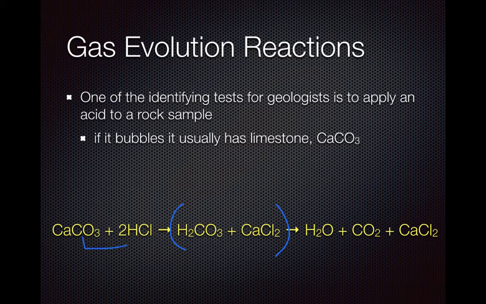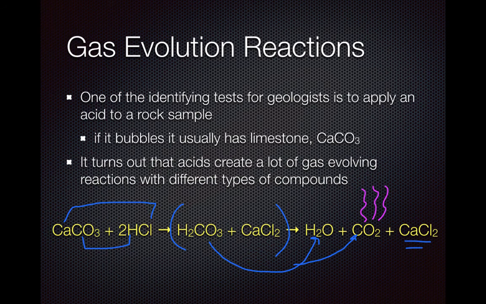So we've really just done a double replacement there. And then the H2CO3 further decomposes into water and carbon dioxide. So it comes off there and makes those two substances, and then the calcium chloride is left over. But we do see here that we've got this carbon dioxide, and that bubbles out as a gas during the reaction.